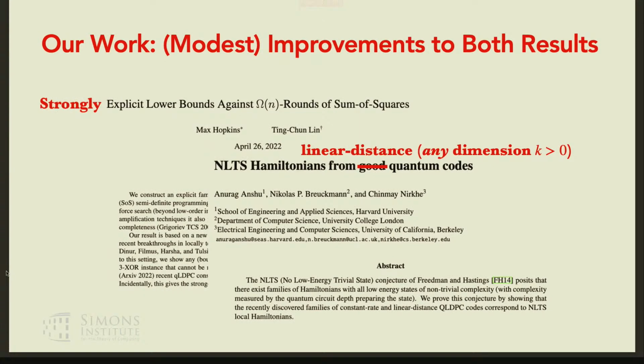And on the SoS side, we're going to remedy a slight weakness in the explicitness of these bounds. The original bounds by Hopkins and Lin were only weakly explicit. We'll make them strongly explicit, and I'll later say exactly what that means. But both of these improvements are in the theme of using low-rate codes. So that'll be a big theme of this talk.